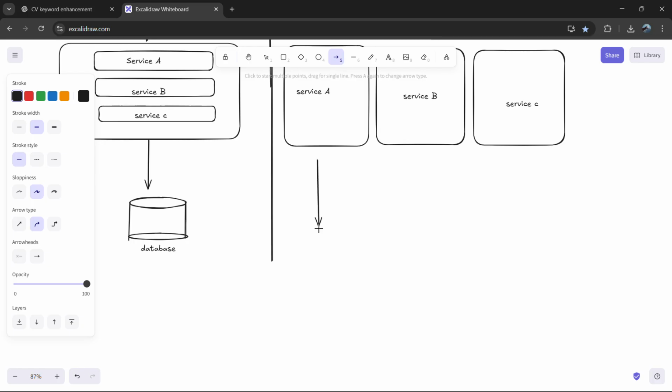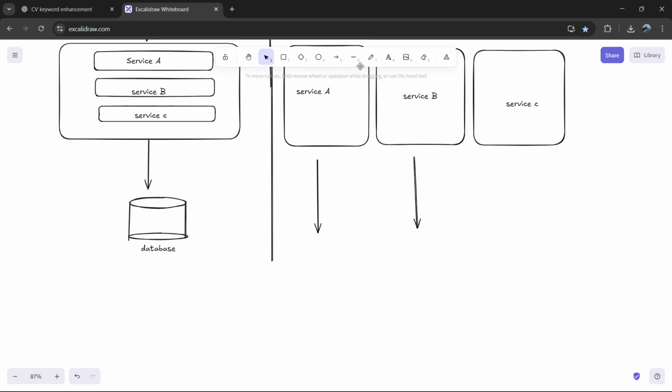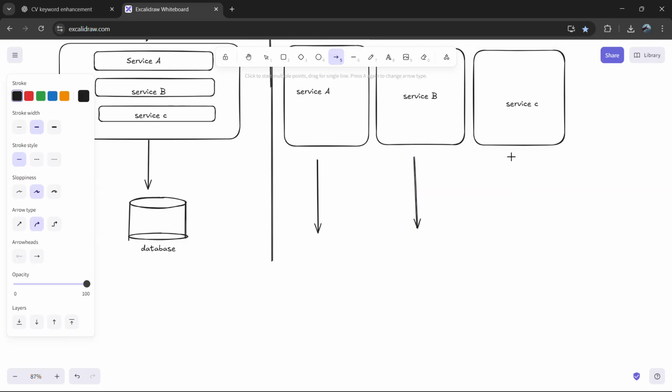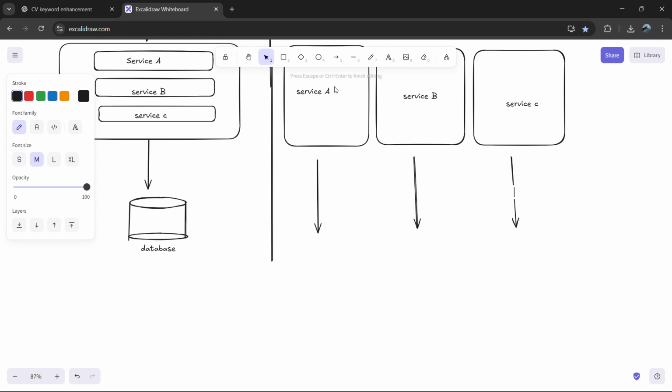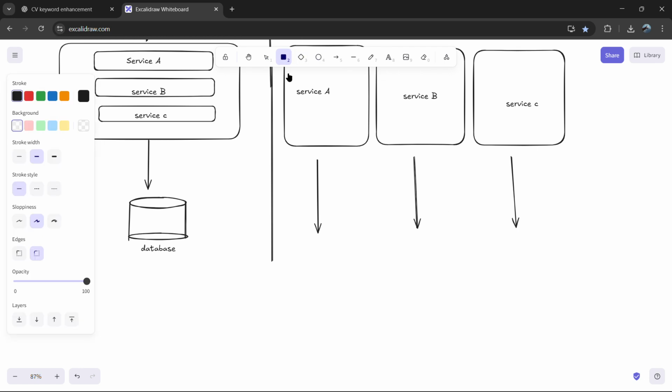Every service has their own database. So let's assume that this is the database.